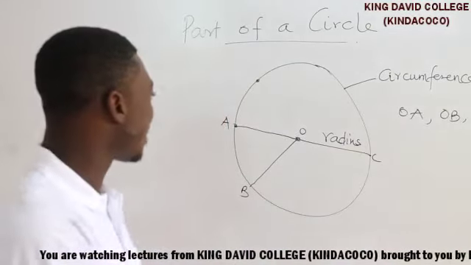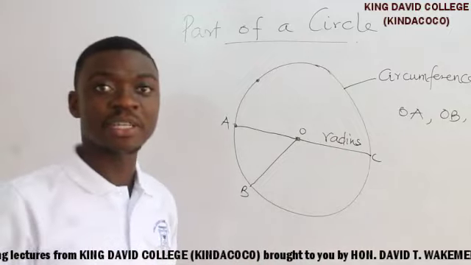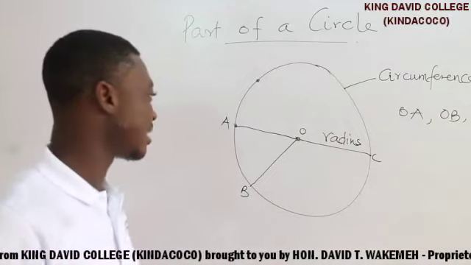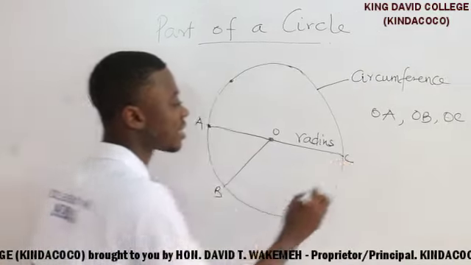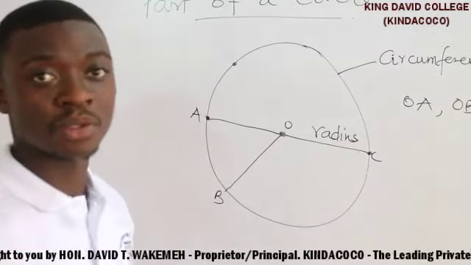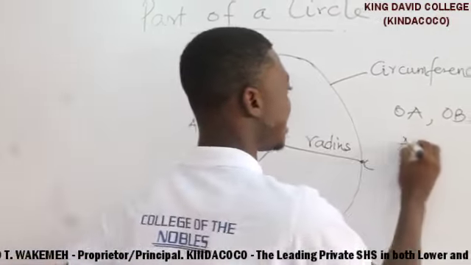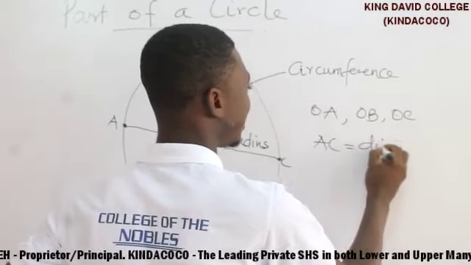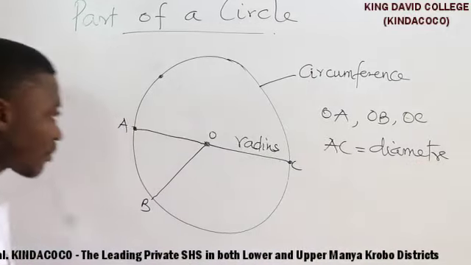Anytime you have two radii on a straight line, that line is called a diameter. A diameter is simply a line starting from one part of the circumference to the other, passing through the center. So we say AC is a diameter.